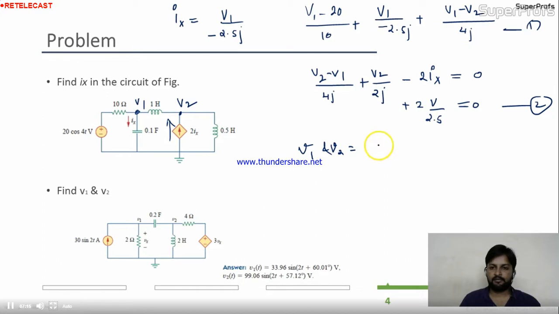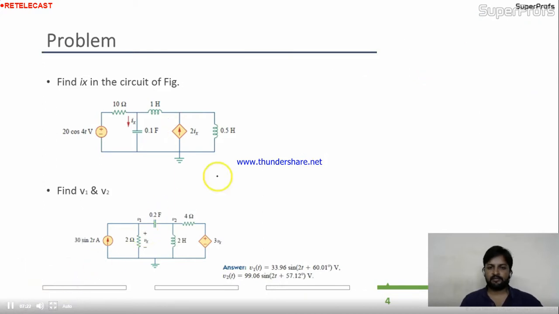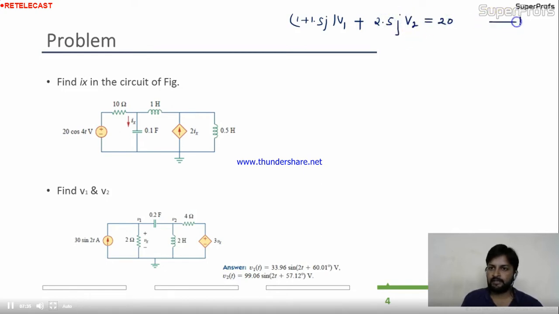So I will solve it for you. When you simplify these 2 equations, the new equations you will get will be (1 plus 1.5j) V1 plus 2.5j V2 equal to 20. This will be equation 1. And in the second equation, you will get 11 V1 plus 15 V2 equal to 0.